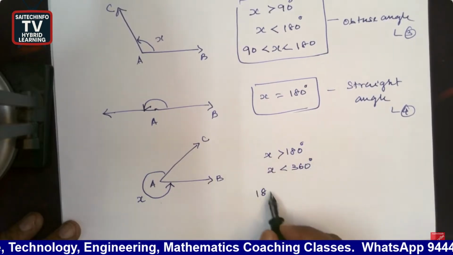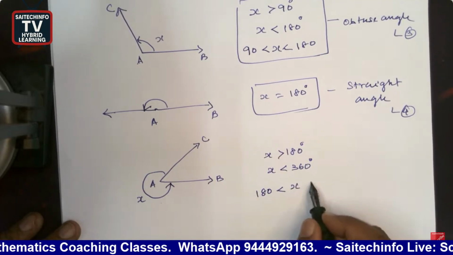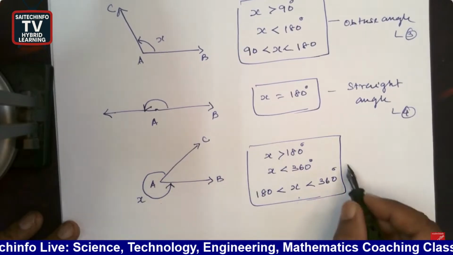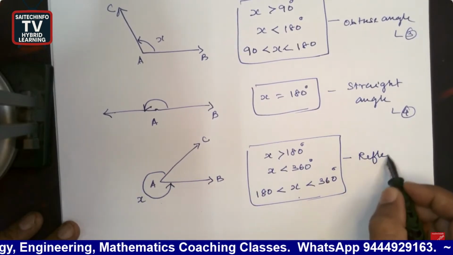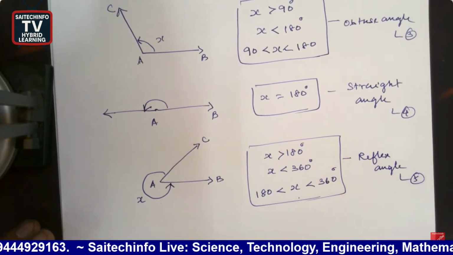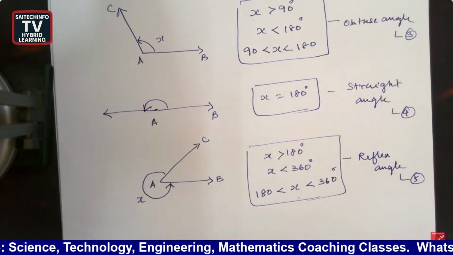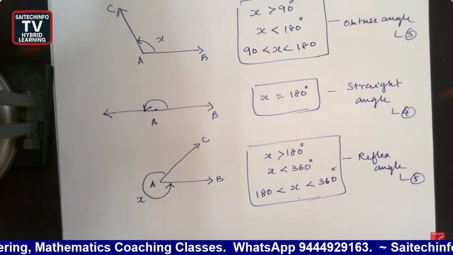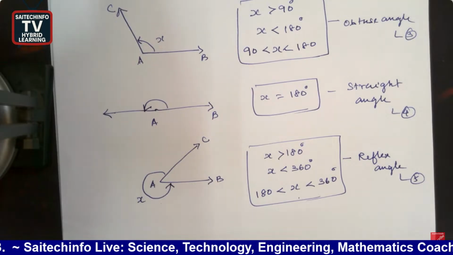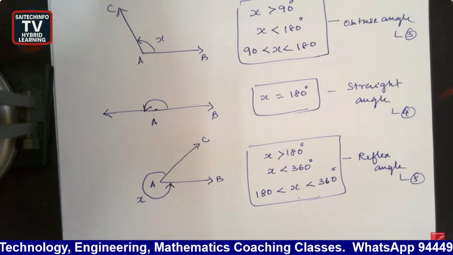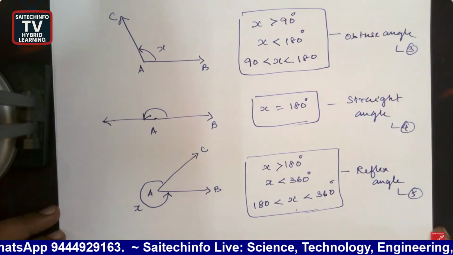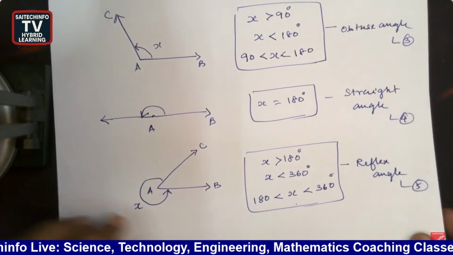This can be represented as 180 degrees less than X, which is less than 360 degrees. Such types of angles are called reflex angles. This is the 5th type. Right?